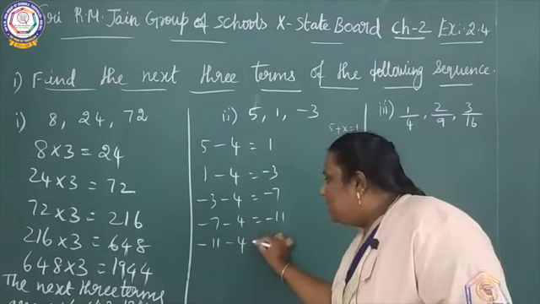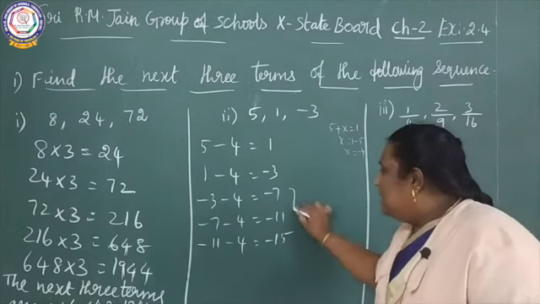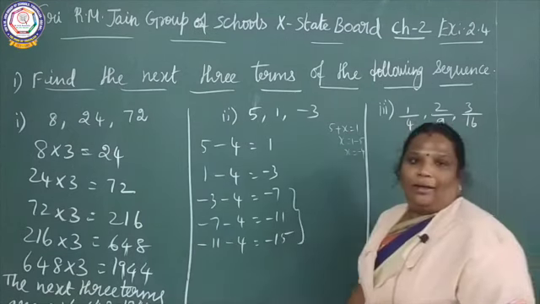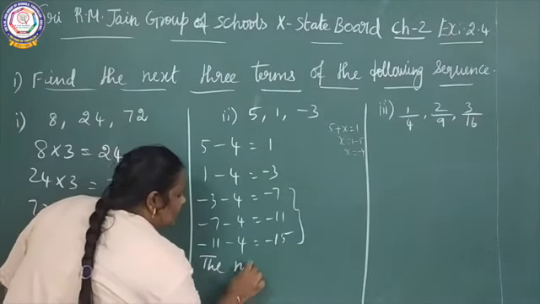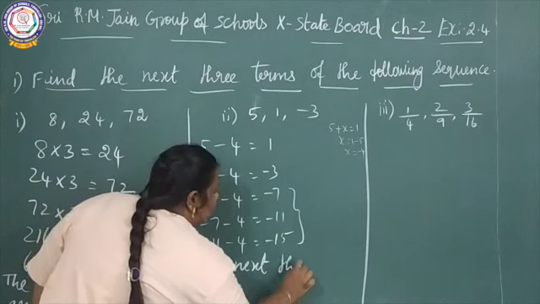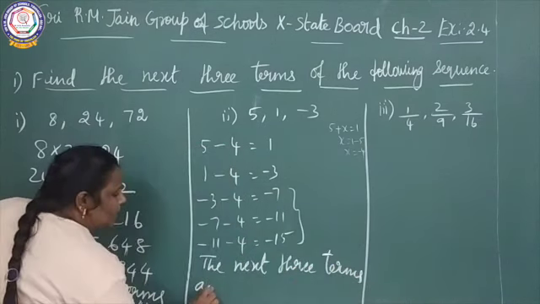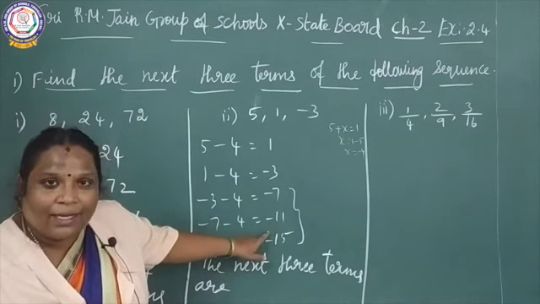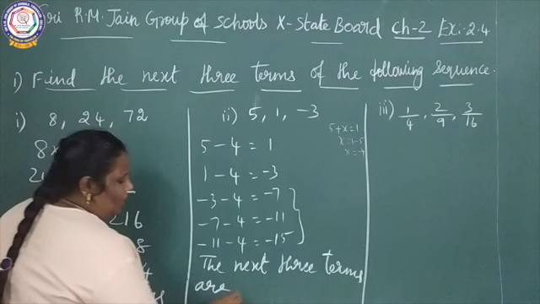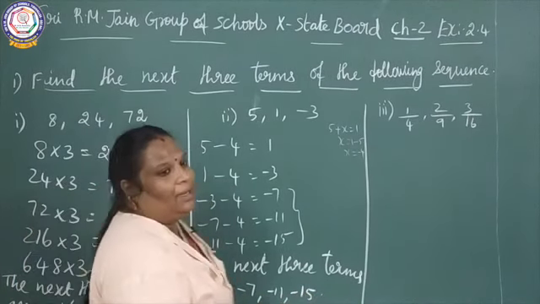Minus 11 minus 4 equal to minus 15. The next three terms are minus 7, minus 11, minus 15.